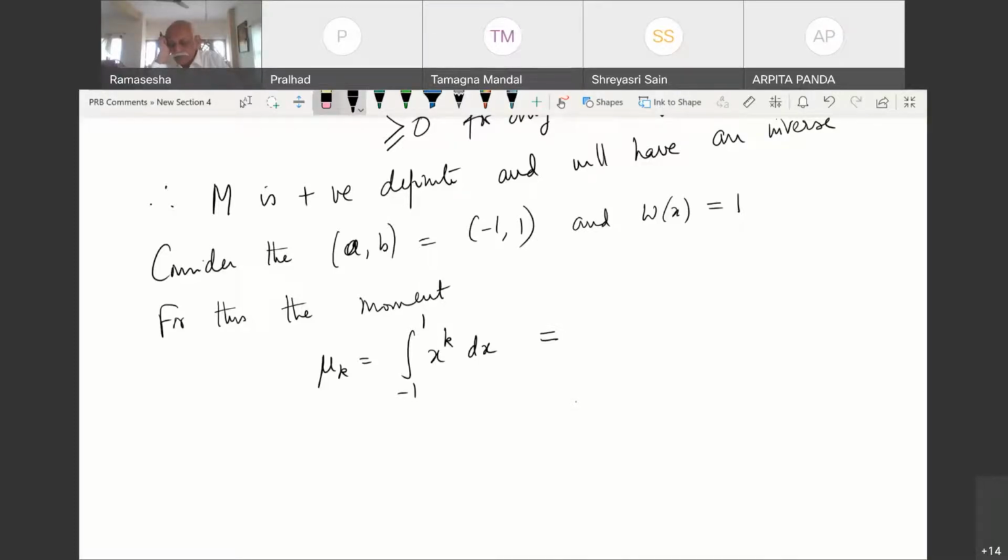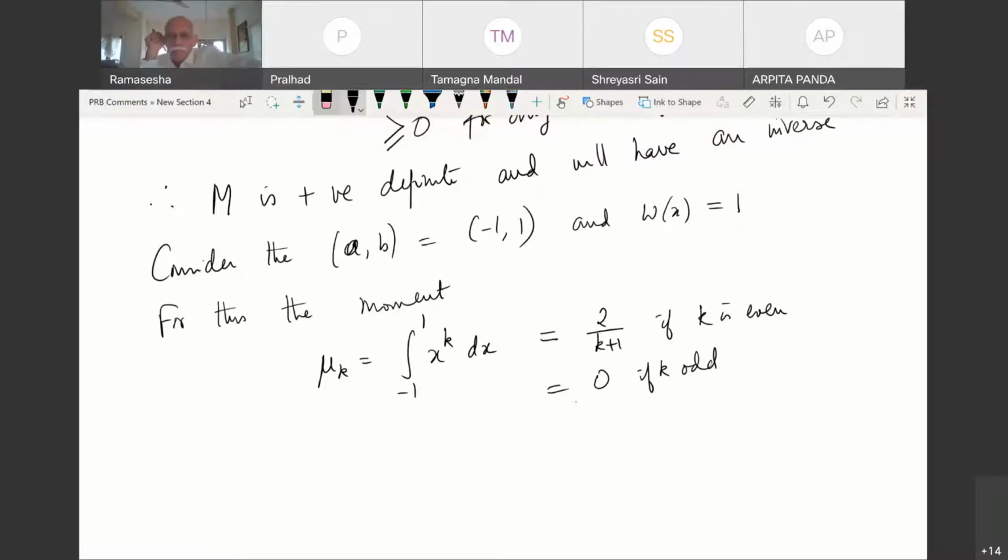What is the integral of x to the k dx? x to the power k plus 1 by k plus 1. So you put between -1 and 1. So what you will get is 2 divided by k plus 1, if k is even, and 0 if k is odd, because an odd function over a symmetric interval around 0 has integral always 0.